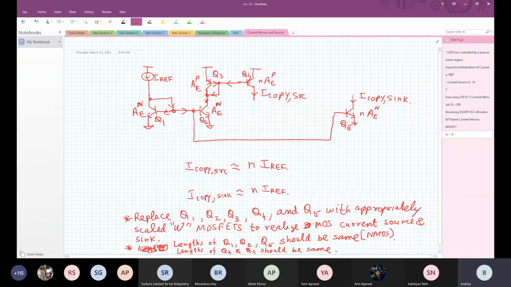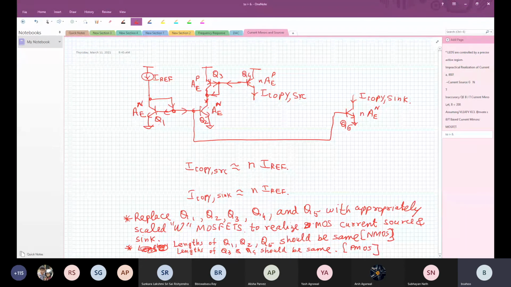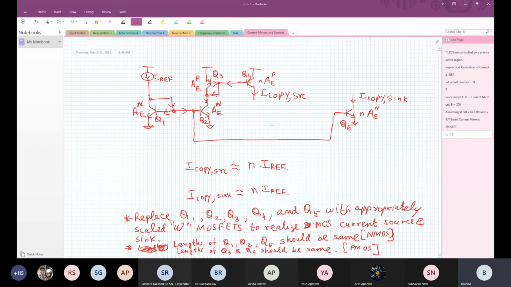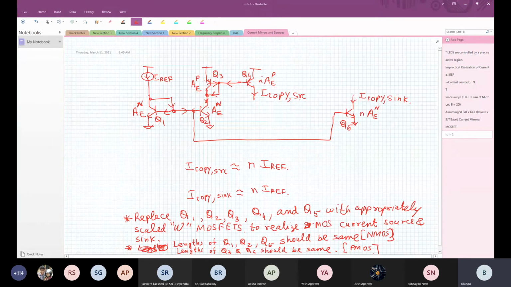Okay. So if I replace Q1 with a MOSFET of a certain W by L and I want N times the current, then I'll keep this NMOS the same W by L, and I will make this N times W by L. I cannot change the lengths of Q1, Q2 and Q5. Similarly, I can decide the W by L of this PMOS and then appropriately do N W by L of this one.